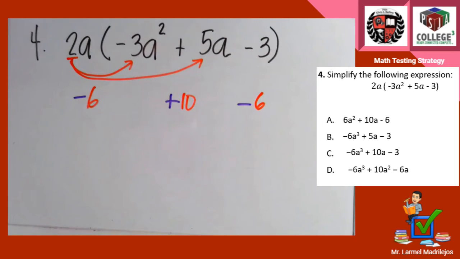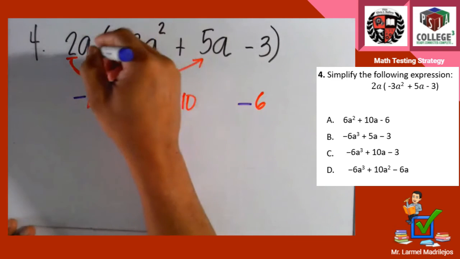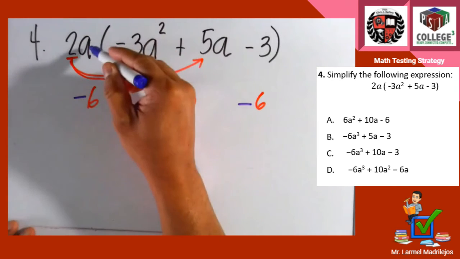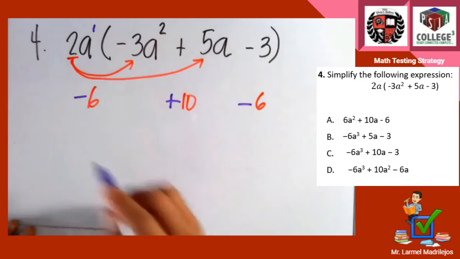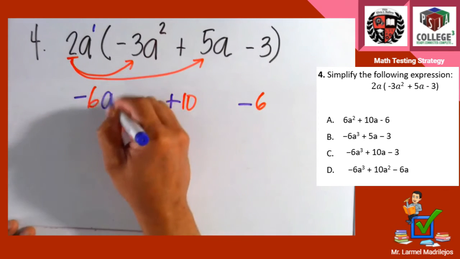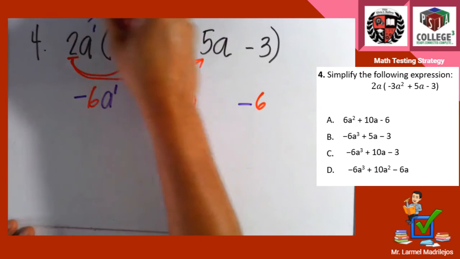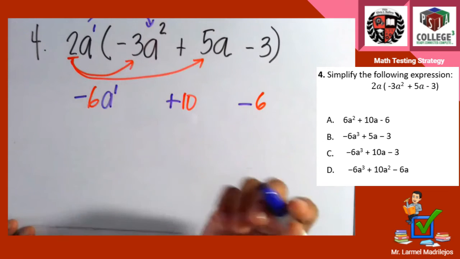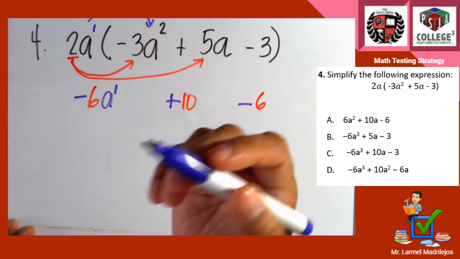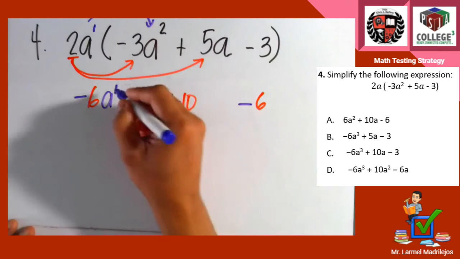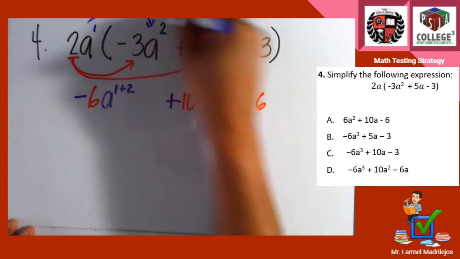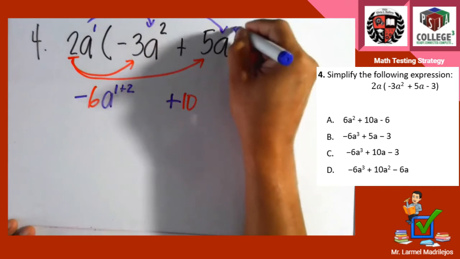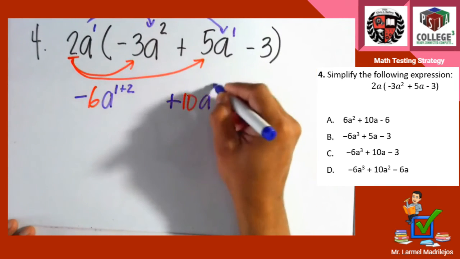Now, I'm going to look at the exponent for my variable a here. So remember, if there's no exponent, it means 1. So my a has 1. I'm going to distribute this with this: a to the 1 times a squared. I'm going to add the exponents. a to the 1 times a to the 1, I'm going to add the exponents.